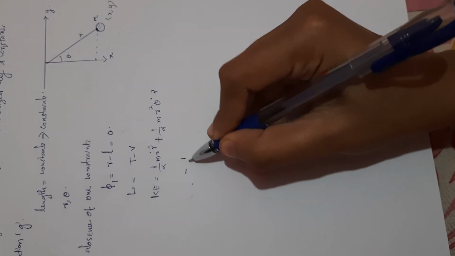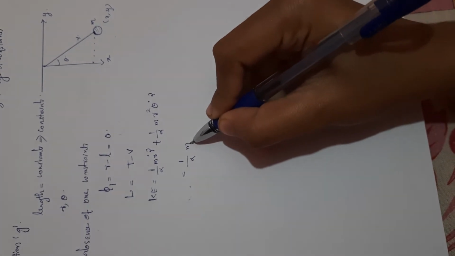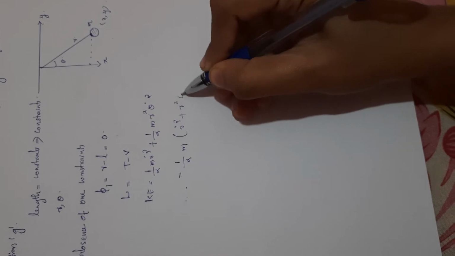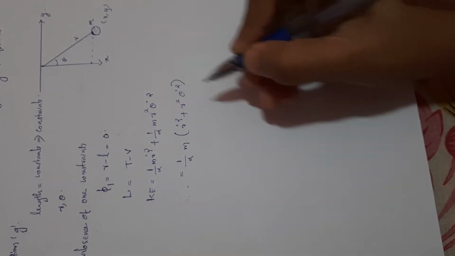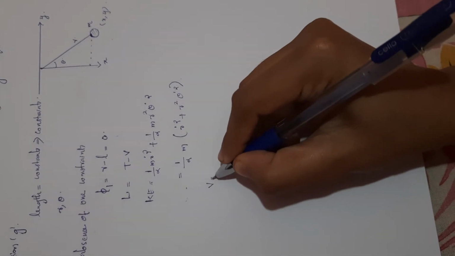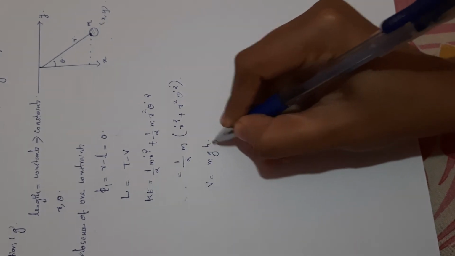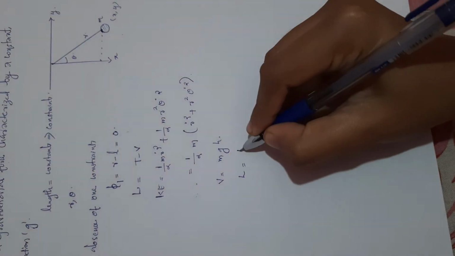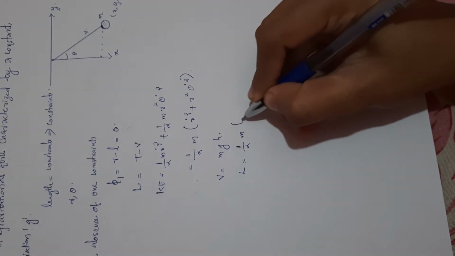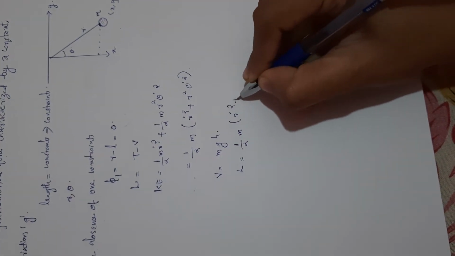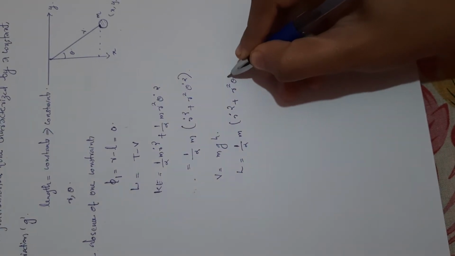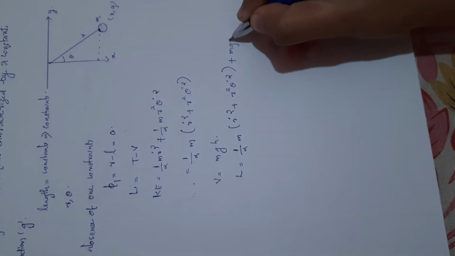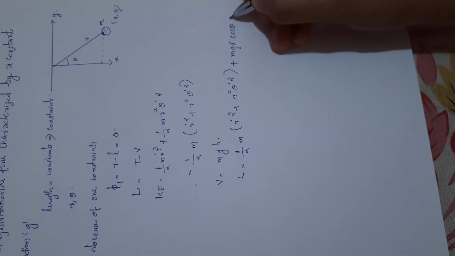Half m can be taken outside, then r dot square plus r square theta dot square. Then the potential energy V is equal to mgh. Therefore, the Lagrangian L can be written as half m times r dot square plus r square theta dot square, plus mgr cos theta.